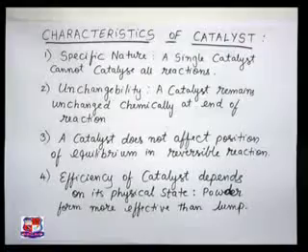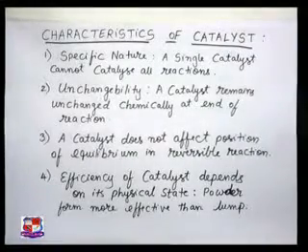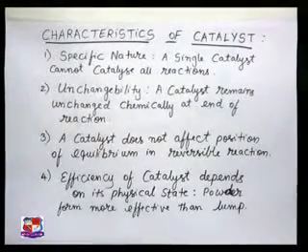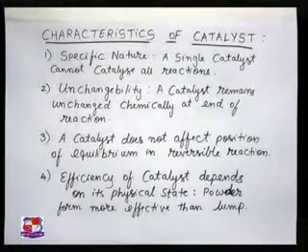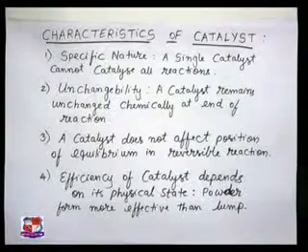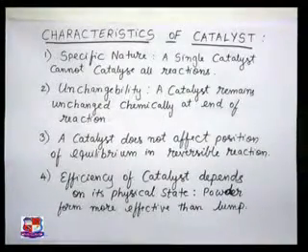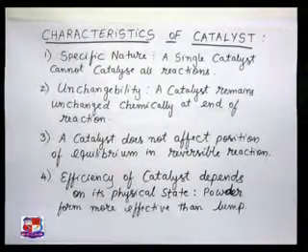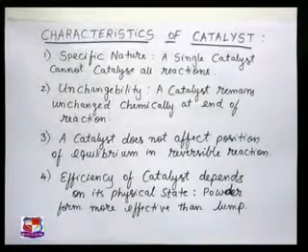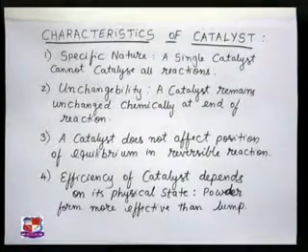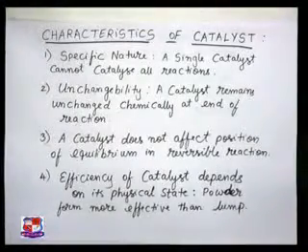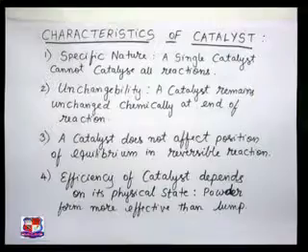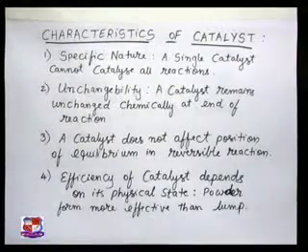Looking at the characteristics of the catalyst. When you try to understand the catalyst, it's very important that you have an idea about the catalytic characteristics: what a catalyst is, what the criteria are, what it should do and what it should not do in the chemical reaction, and that can be specified in terms of the characteristics of the catalyst.